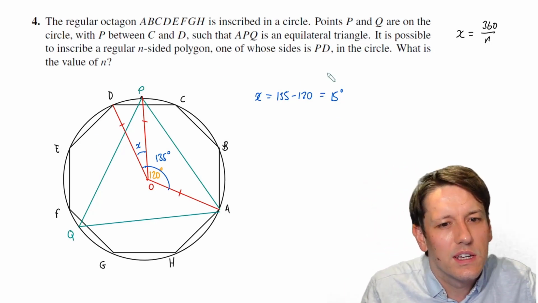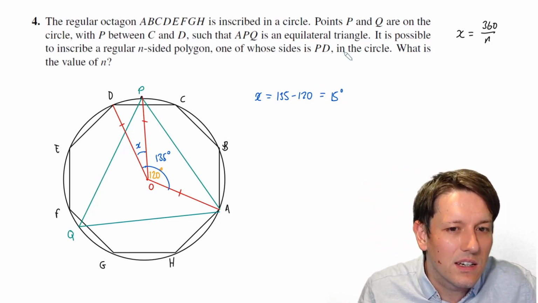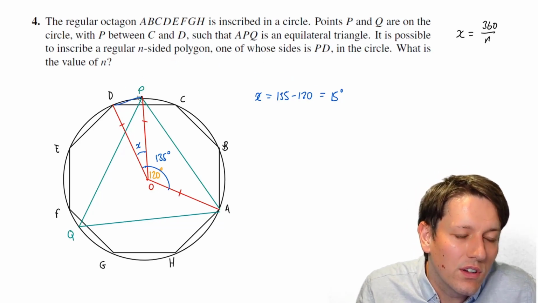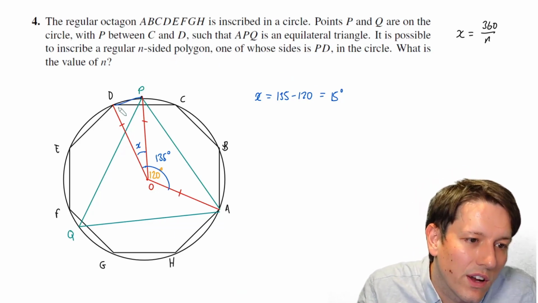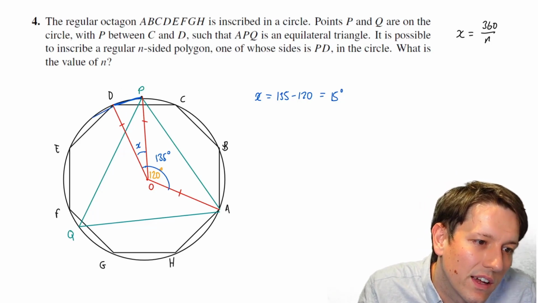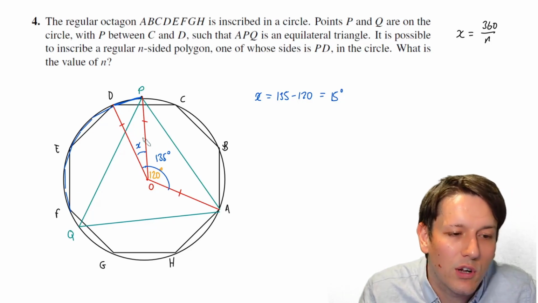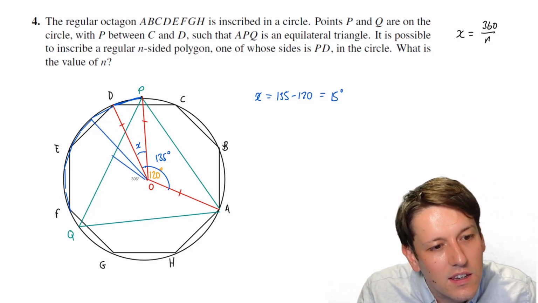And what we're told is that PD is a side of an n-sided polygon that can also be inscribed in this circle. So I can put more lines around, and I'm going to somehow get an n-sided polygon. So that same argument can be used again here.